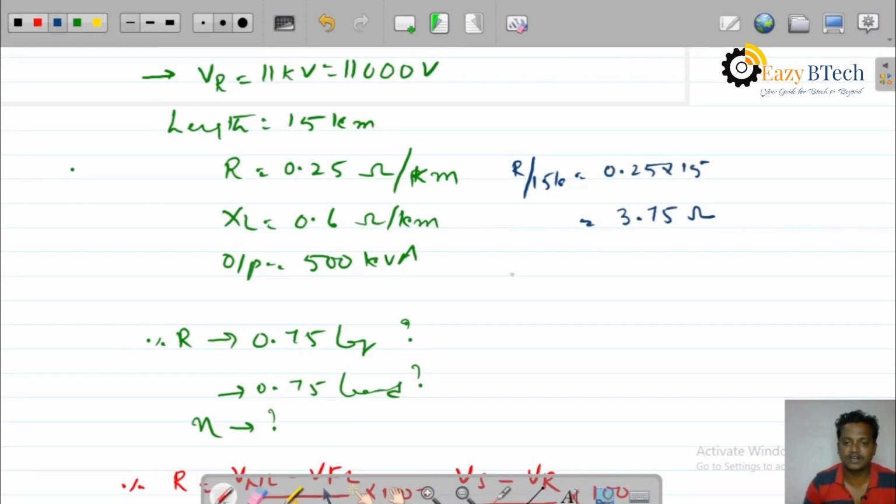This is the total resistance of the transmission line. XL equals 0.6 per kilometer into 15, so we get 9 ohm for the transmission line. We substitute these values, 3.75 and 9.